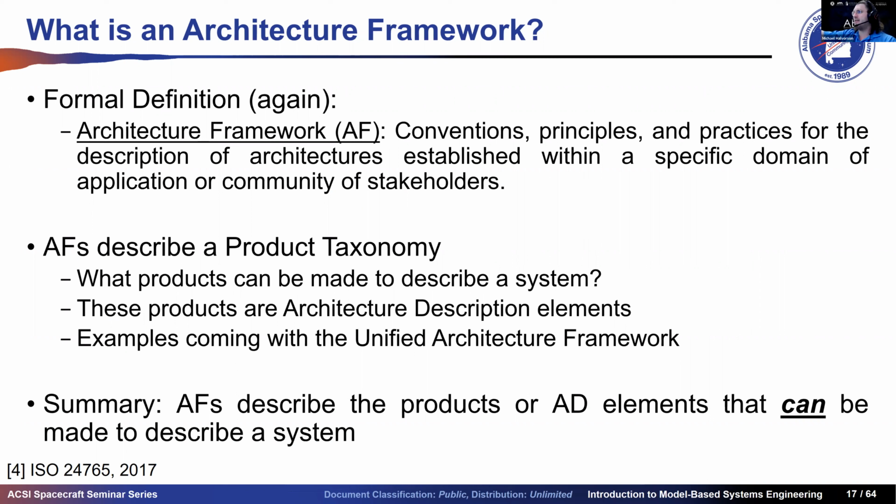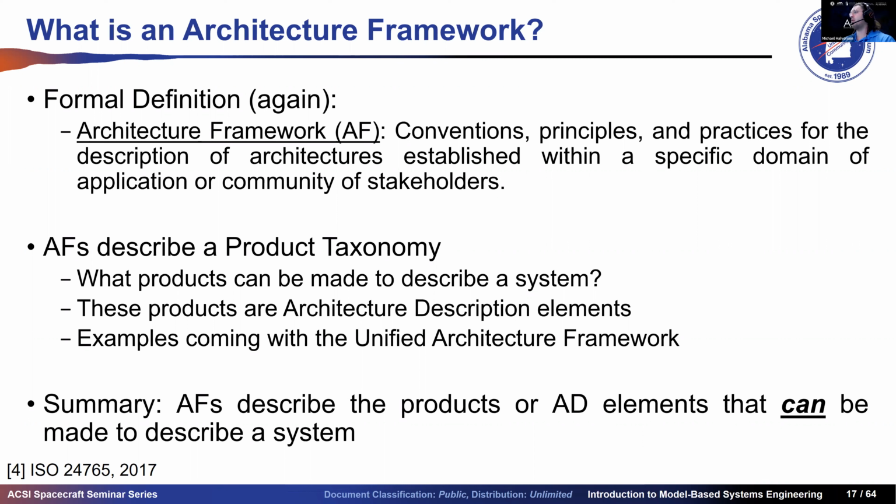Here is that formal definition again, because this does get a little bit tricky. It's kind of hard to follow in places, but we are taxonomizing all of the products that could be made. And remember that ontology part of this, the first part of an ontology is a taxonomy. So all of the products that exist should, in an architecture framework, also exist in that ontology.